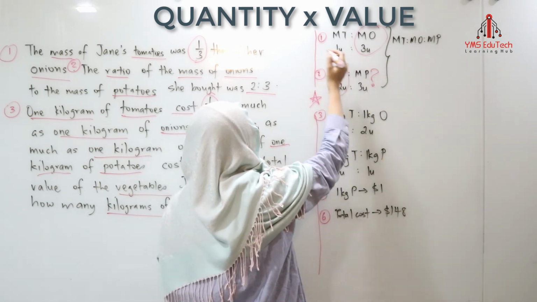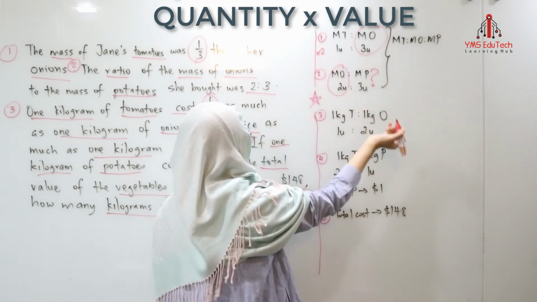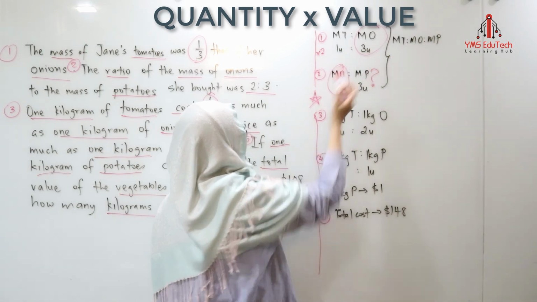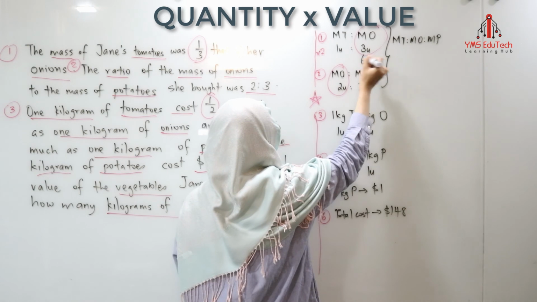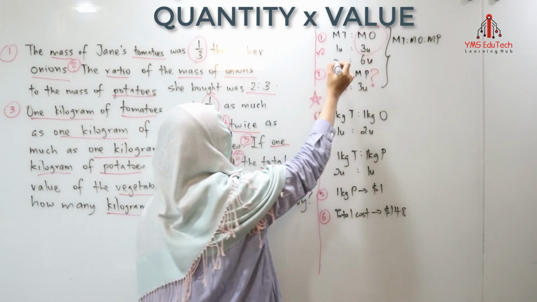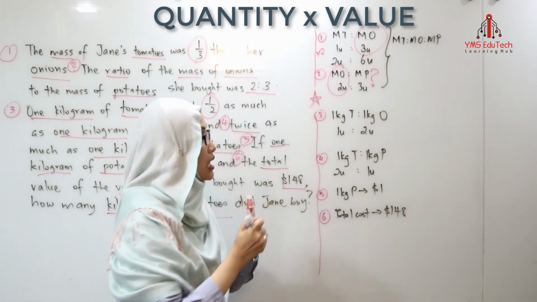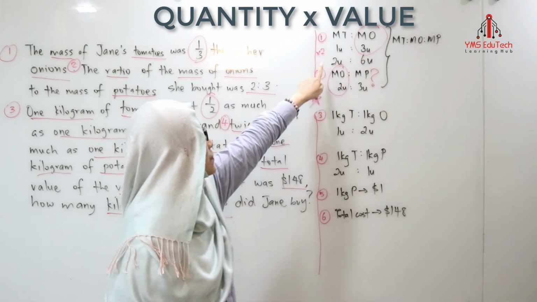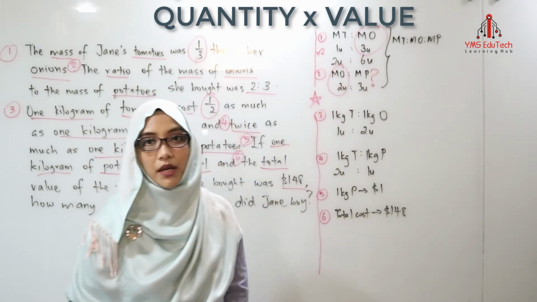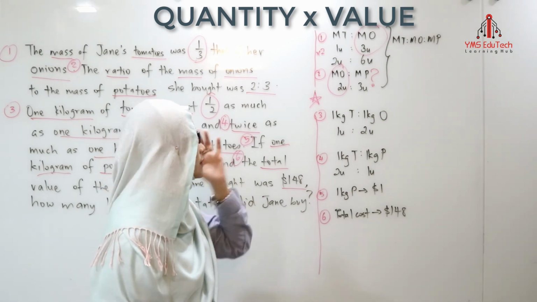For the first row, I need to multiply by 2 because 3 times 2 will give me 6 units. So when I multiply 3 by 2, I need to do the same to its neighbor, which is 1. So 1 multiplied by 2 will give me 2 units.